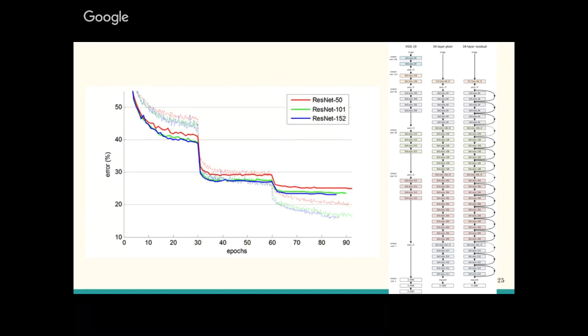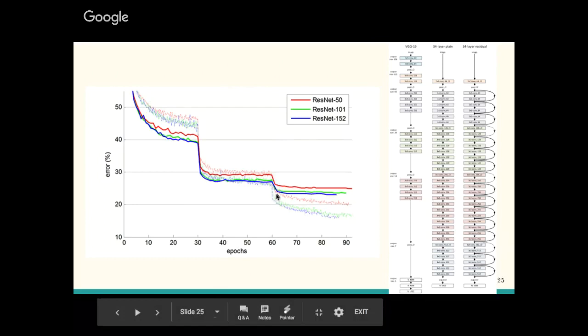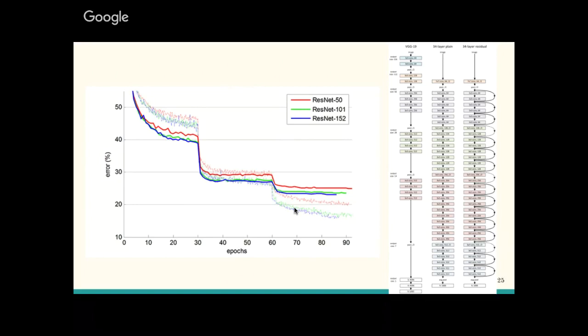But after 60 epochs, you are getting a much lower error rate than the others. So ResNet basically saturated at that point.